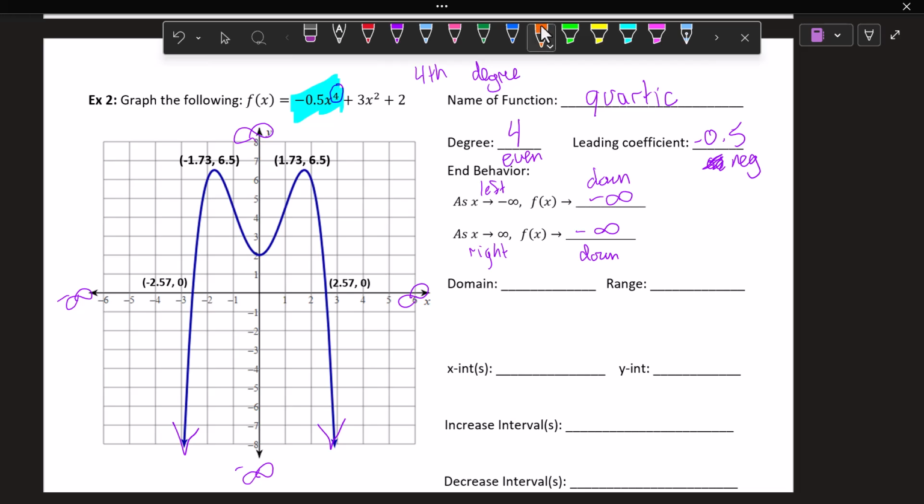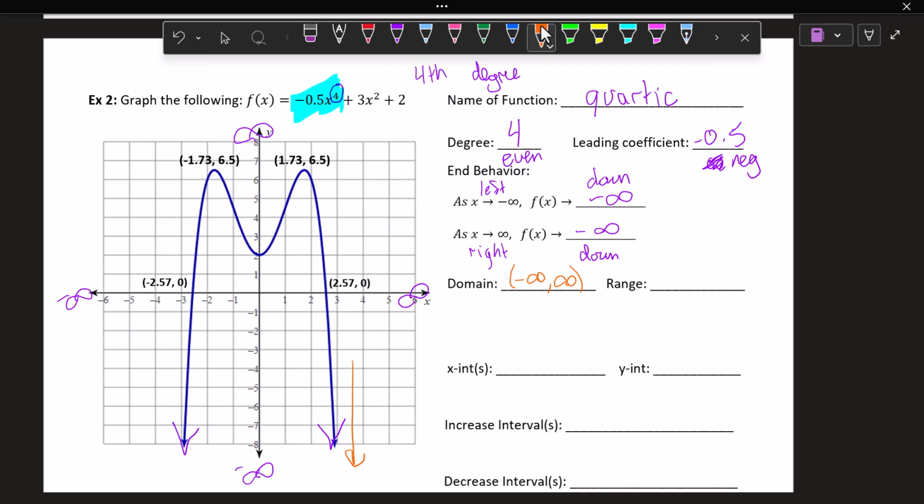Our domain. Well, this goes down on the left, and it keeps going to the left forever. It keeps going to the right forever. So our domain is negative infinity to infinity, or all real numbers. However, the range is not all real numbers this time. Now we're going all the way down.